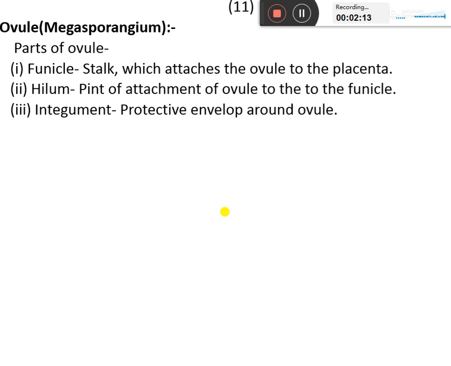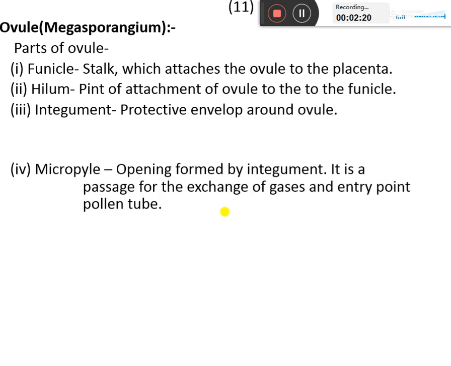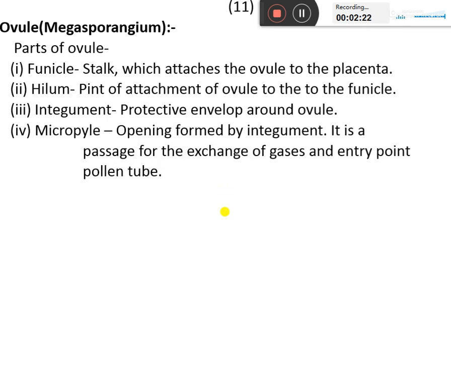There are the integuments, one or two, which protect the ovule. An opening is present, called the micropyle, between the two integuments. When the ovule turns into the seed, a small opening is left out of the micropyle, which helps in the exchange of gases in the seeds.